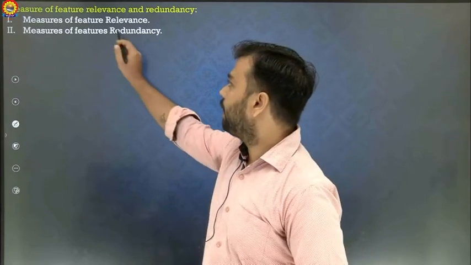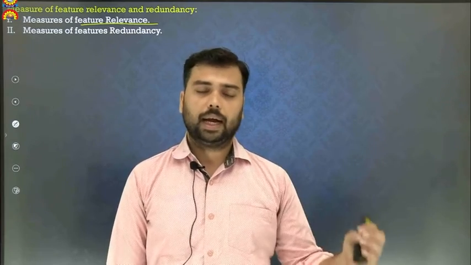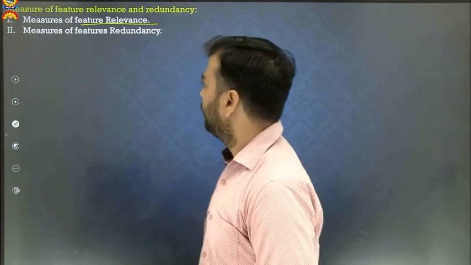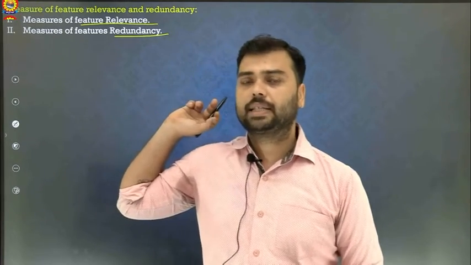I already discussed what is meant by feature relevancy. In our previous example, height and age are related to the target value, to identify the average value of the weight, height and age. And feature redundancy means in the previous example, height and weight are redundant because they have a similar impact on the target value.